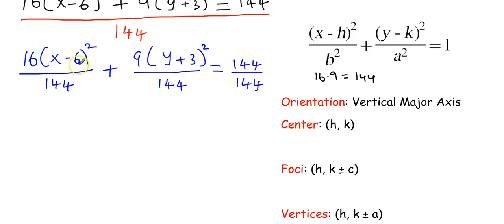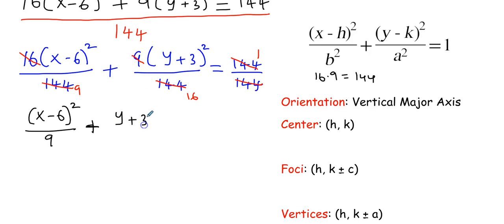This 16 can divide 144 9 times. We saw that 9 can divide 144 16 times. 144 divides 144 one time. So you are left with x minus 6 whole square over 9, that is 3 square, plus y plus 3 whole square over 16, that is equal to 1.